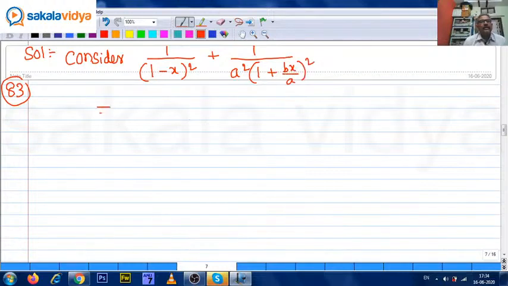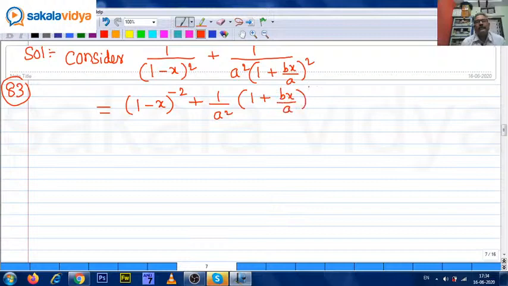So this can be rewritten as 1 minus x whole to the power of minus 2 plus 1 by a square times 1 plus bx upon a whole to the power of minus 2.